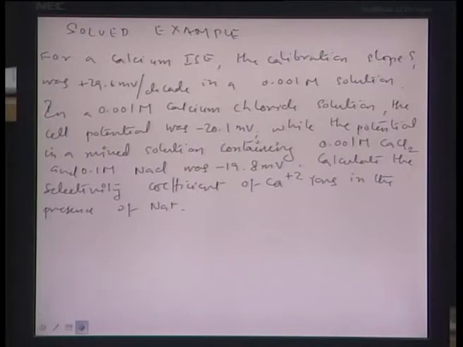So, let us look at a solved example here. Let us suppose that for a calcium ion selective electrode, the calibration slope S is essentially plus 29.6 millivolts per decade. This word decade essentially means one order of concentration.